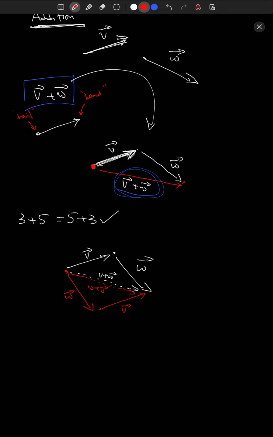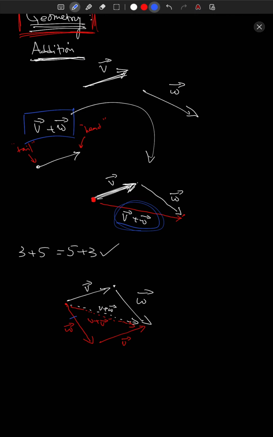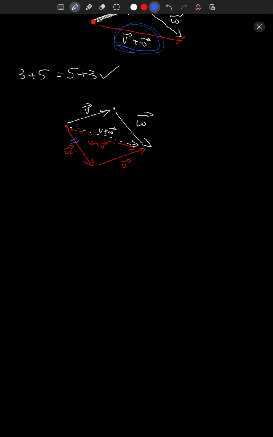But if you think about this and use a little bit of geometry, these two vectors are the same. Essentially, it's because this is a parallelogram here. This length is the same as that length, and this length is the same as that length.